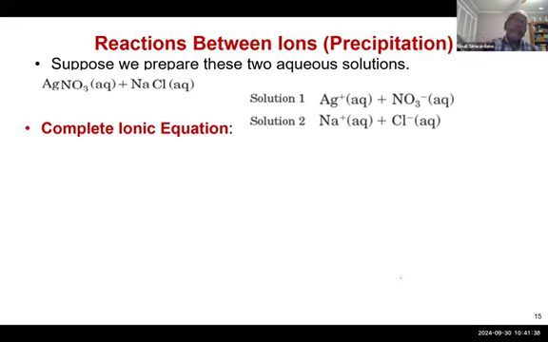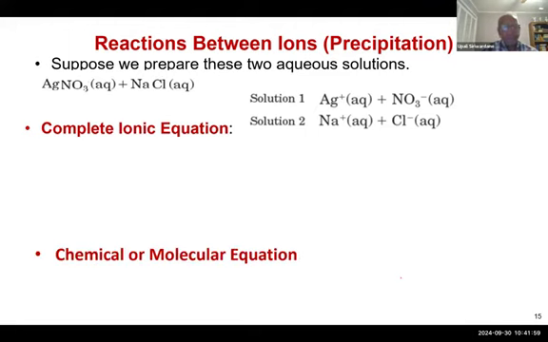For this precipitation reaction between ionic compounds, you can write down several types of equations: the complete ionic equation, or the chemical or molecular equation. Ionic equation shows charges. Chemical or molecular equation shows the formulas.